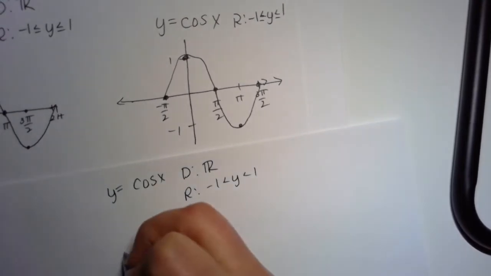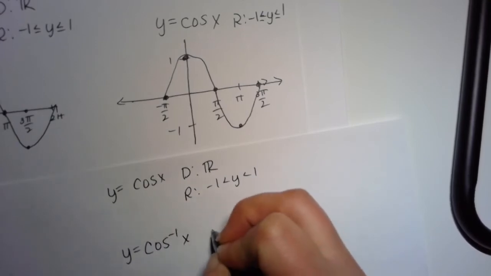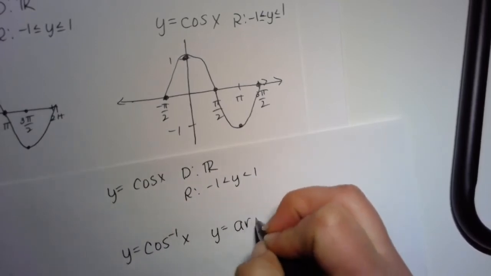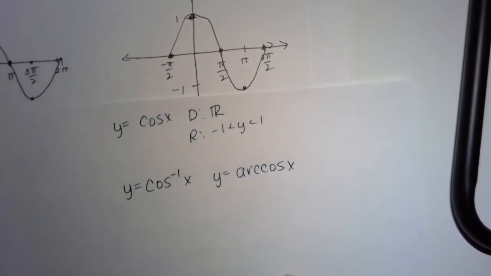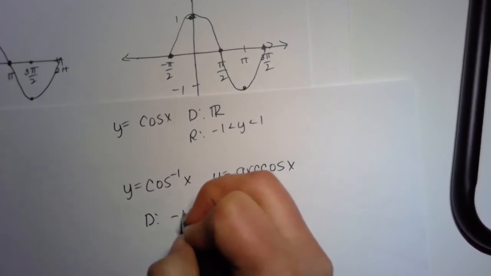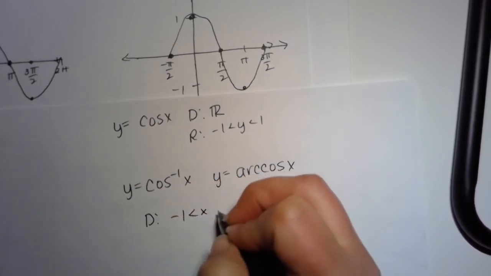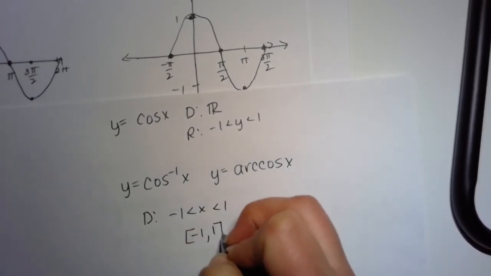So that means my inverse, y equals the inverse of cosine, or we say y is equal to arc cos of x. Okay, so this one is going to have a domain of -1 to 1, or I could write it in interval notation like this, right?